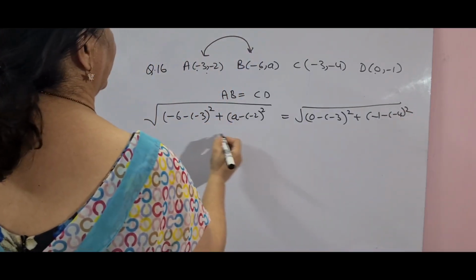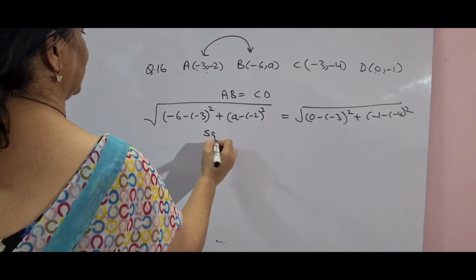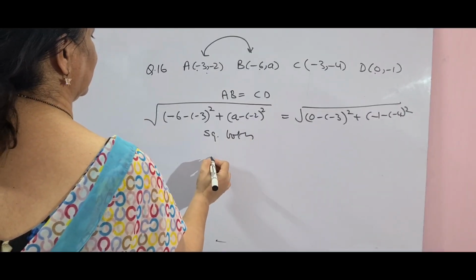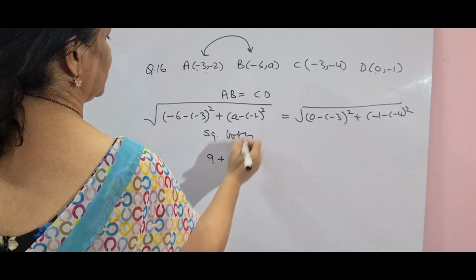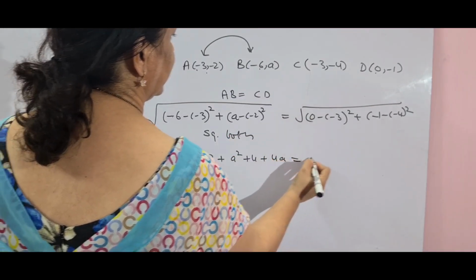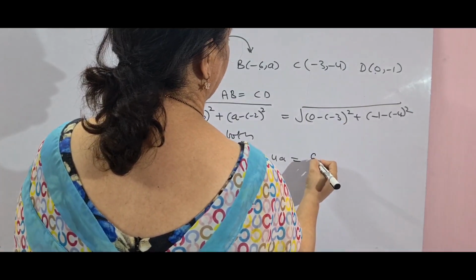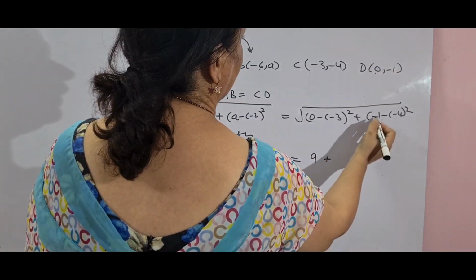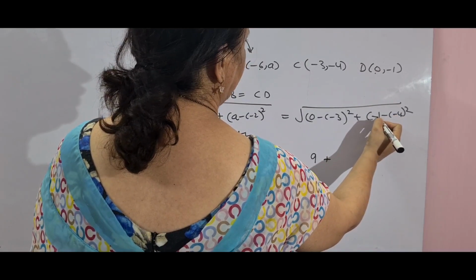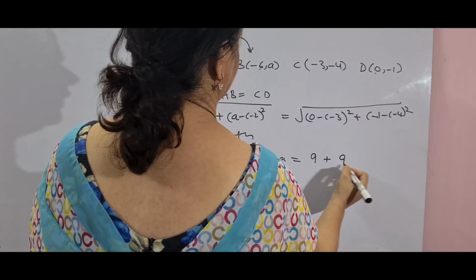And again you solve it, squaring both sides. I am giving you the hint, you can do it. (-6 + 3) squared is 9, plus a squared plus 4 plus 4a, is equal to 9 plus (-1 + 4) squared, which is 3 squared. This is the answer.